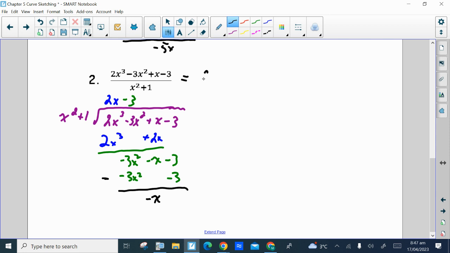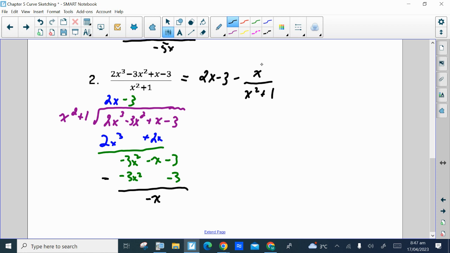So the answer, the quotient to this will be 2x minus 3 with the remainder of x, actually negative x, which again is a ratio of the original divisor. When you evaluate this as x approaches infinity, as x gets bigger and bigger, the denominator here is going to get really, really big. It's true that the top will get big as well, but the bottom's going to get bigger faster because the x is squared.